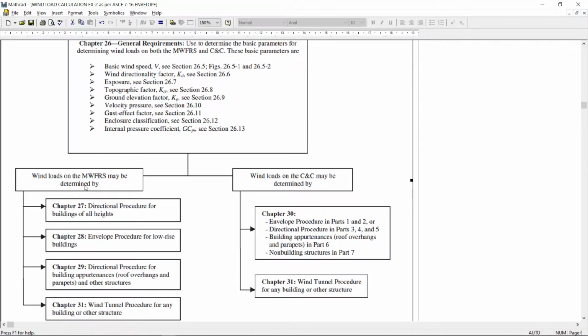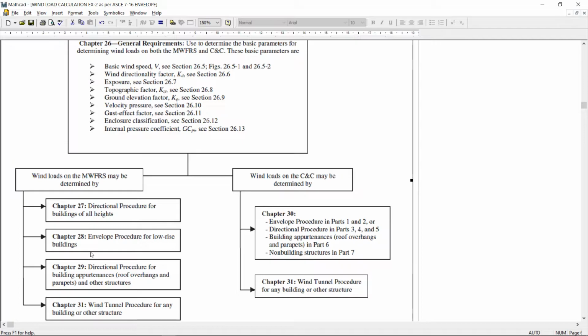So for the main wind force resisting system, you can go to chapter 27. Chapter 27 will give you the directional procedure for all heights. Chapter 28 will give you the envelope procedure for low-rise buildings. What I have done before, I calculated the wind load as per chapter 27, and I used this directional procedure for buildings of all heights.